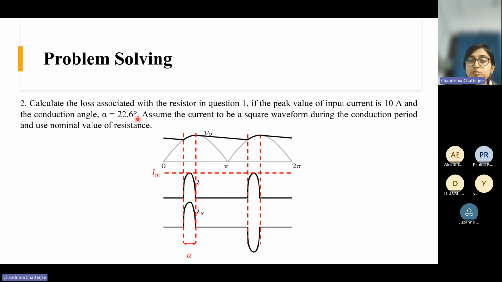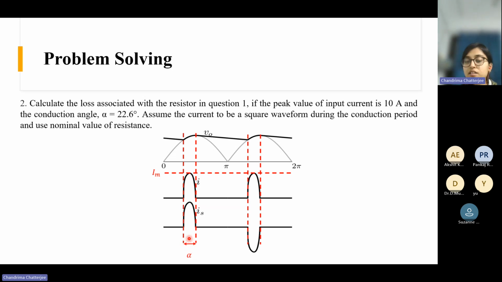Alpha is 22.6 degree. What is alpha? This is the charging duration. When the capacitor gets charged from this point to this point, this is the angle alpha. Earlier we also denoted it as beta; sometimes they denote it as alpha also.